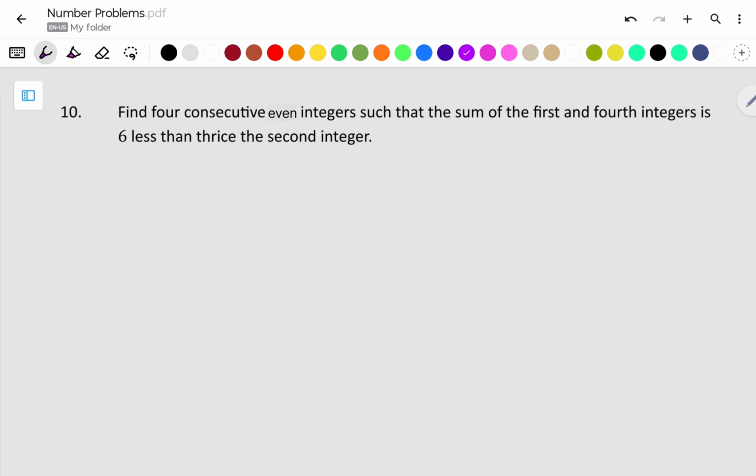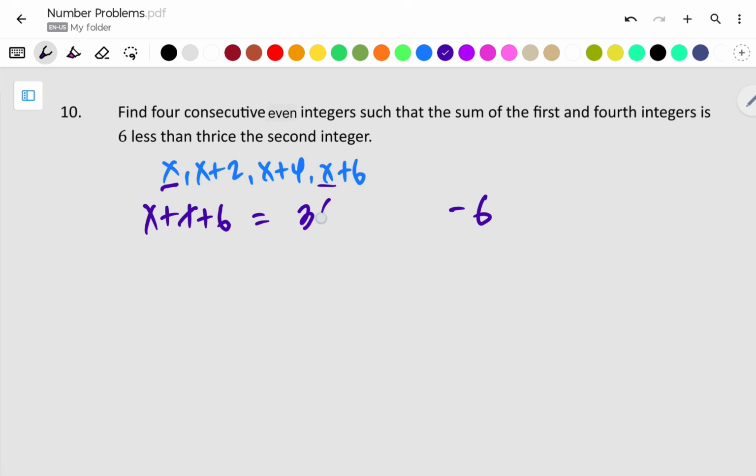Number 10, find four consecutive even integers. Four consecutive even: x, x plus 2, x plus 4, and x plus 6, such that the sum of the first and the fourth is 6 less than thrice the second integer.